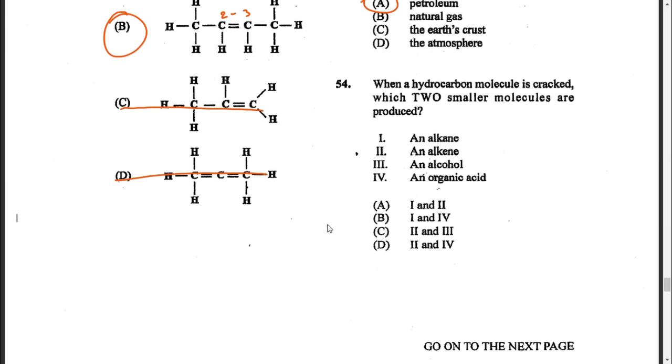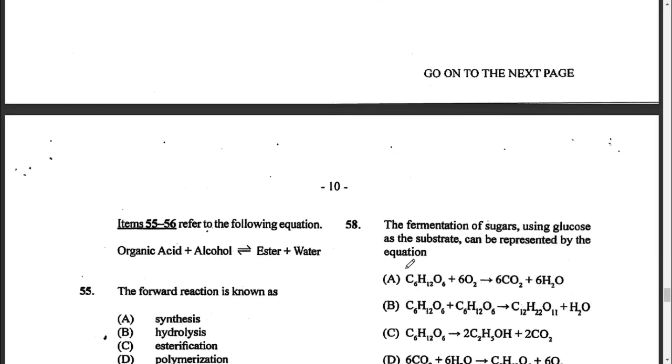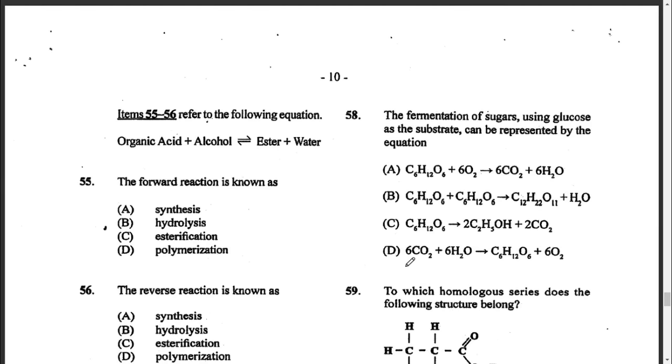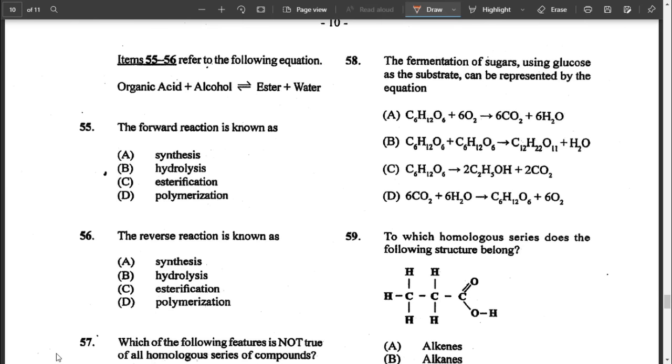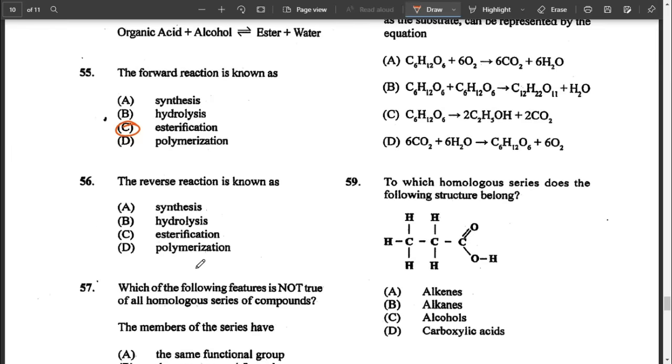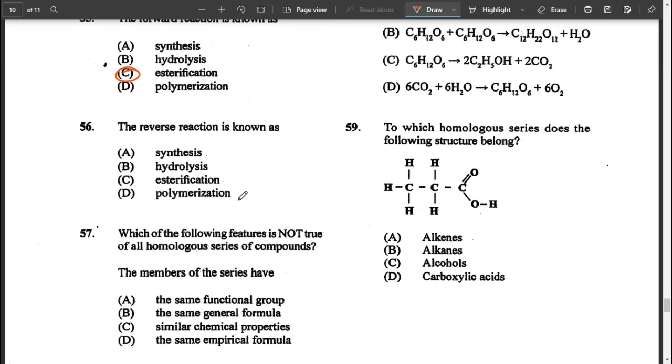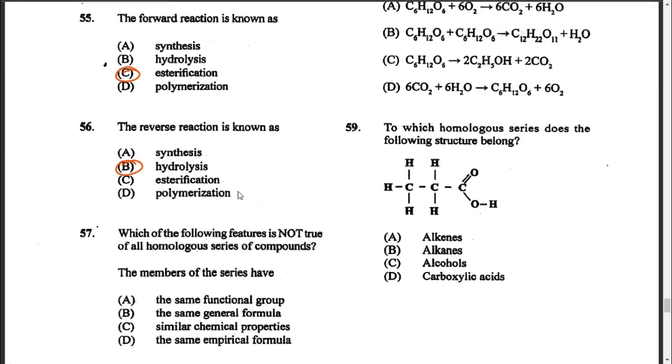So that's 1 and 2, A. Items 55 to 56 refer to the following equation. Okay. 55, the forward reaction is known as esterification. The ester is produced. And 56, the reverse reaction is known as hydrolysis, where you end up back with what you started out with.